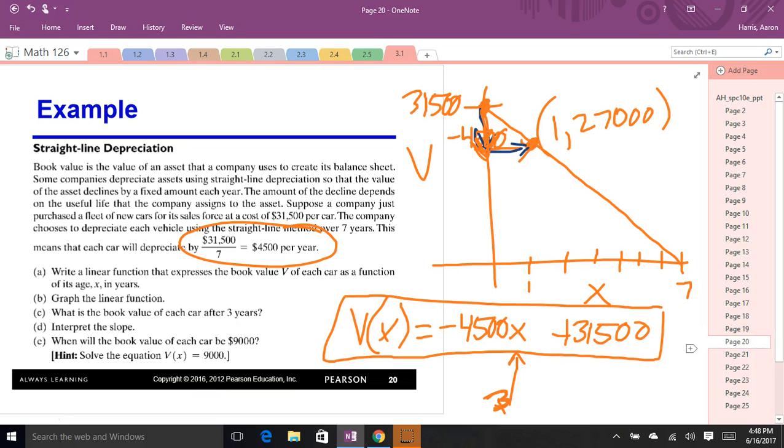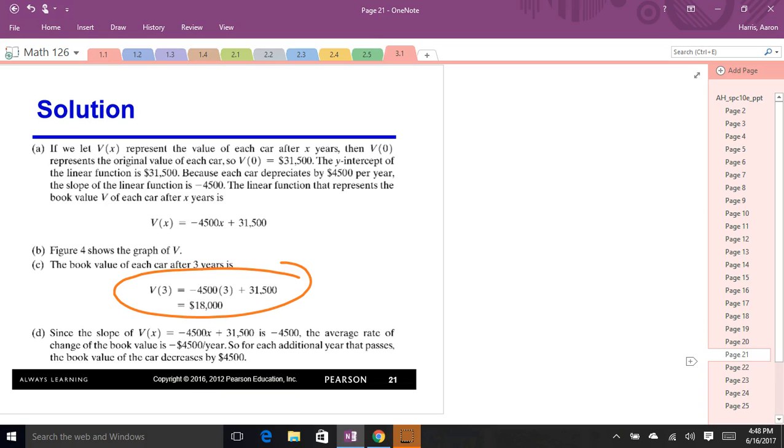Finally, part E, when will the book value of each car be $9,000? When will the book value, so saying at what X, how many years later will the value be 9,000? So we got to let V of X be 9,000, and then we solve that.